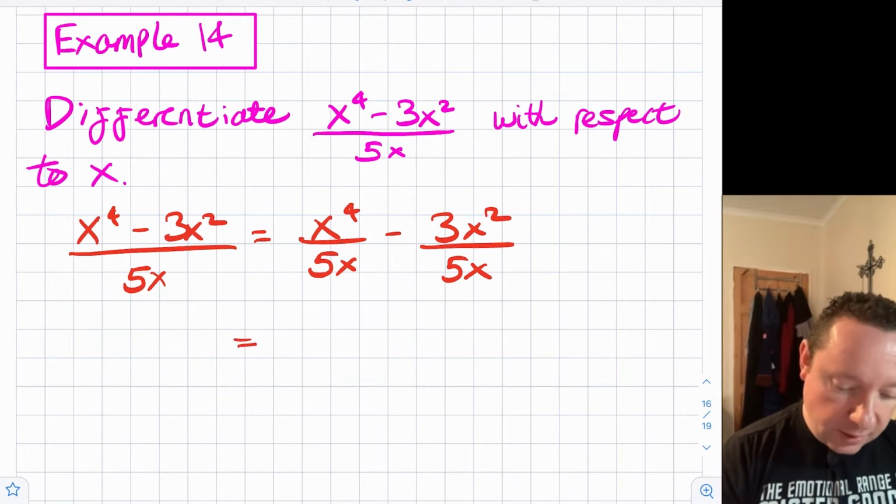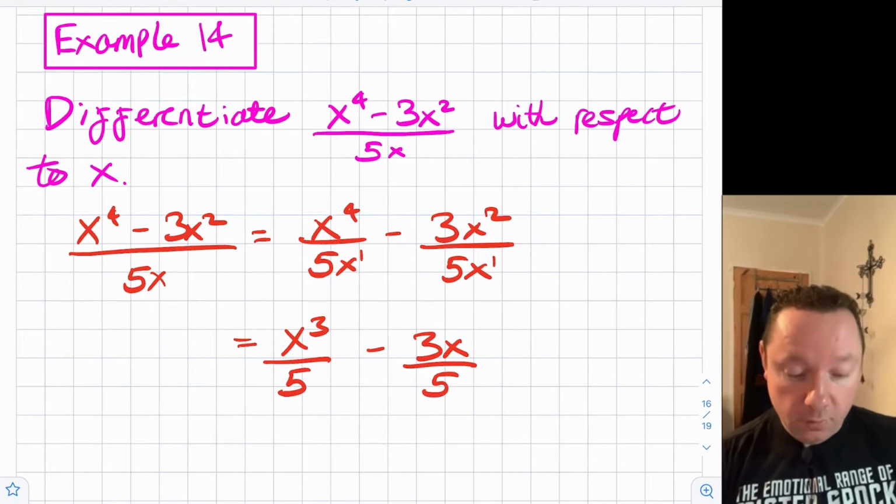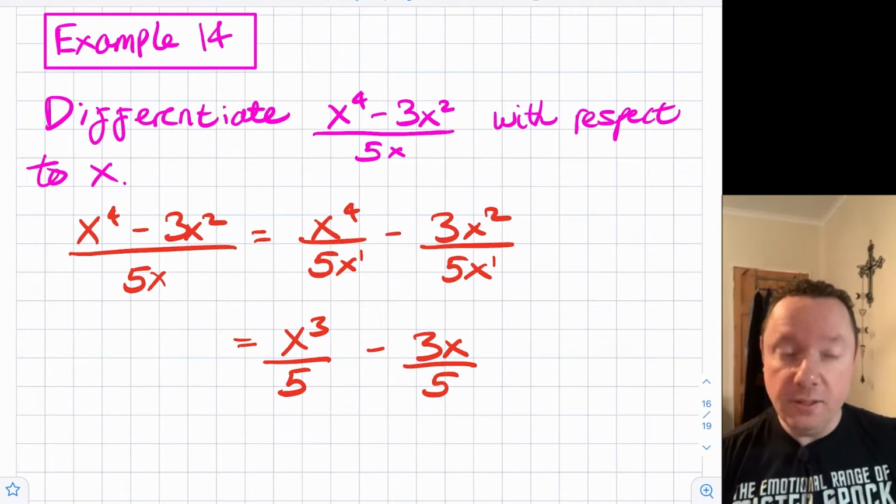The laws of indices, that's got a power of 1 and 1. So 4 minus 1 is 3. So we get x cubed over 5. 2 minus 1 is 1. So minus 3x to the power 1 over 5. And now our fractions have all got x's on top, so we can immediately just differentiate.